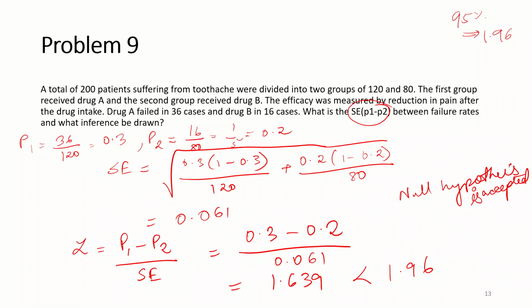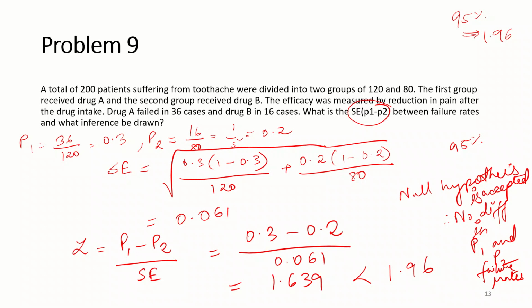There is no difference in P1 and P2, the failure rates of both groups are the same. There's no difference. That we can say with 95% probability. We have taken 95% as our metric. With 95% confidence we can say that the P1 and P2 failure rates are not different.